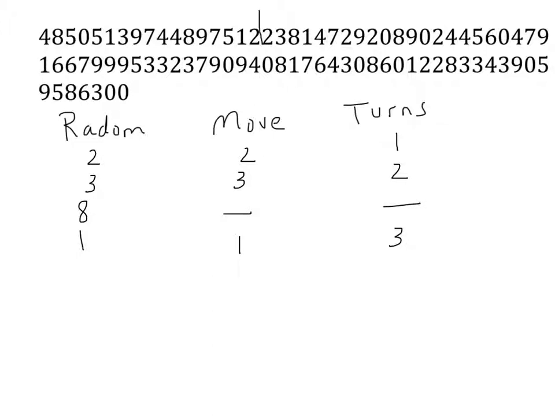I have now moved a total of 6 spaces. My next random number is a 4, and I can move 4 spaces, because 6 and 4 gives me 10. That is my 4th turn. So on trial 3, oops, sorry, kind of messy handwriting there, it took me 4 turns.